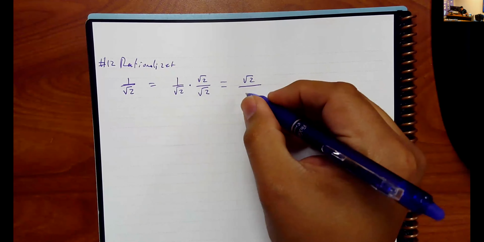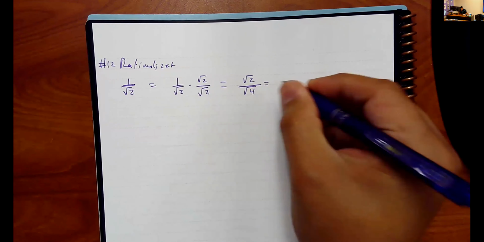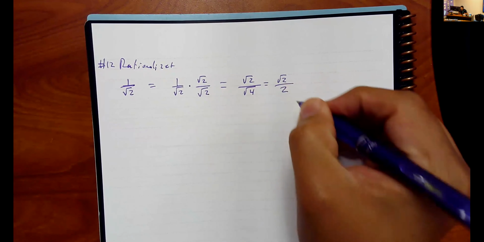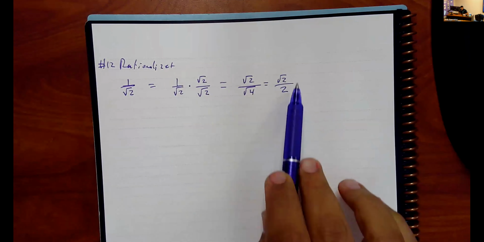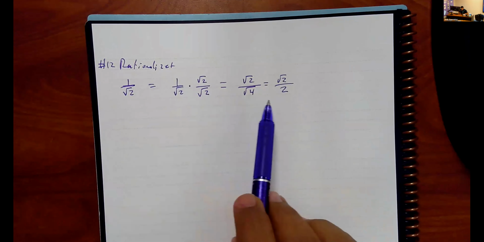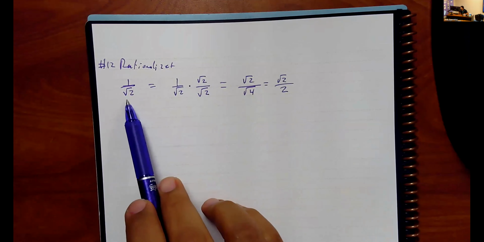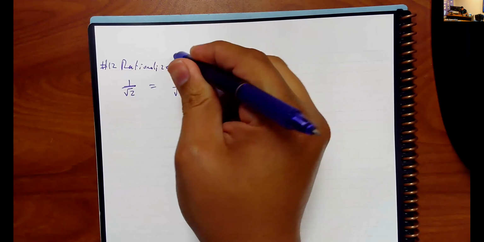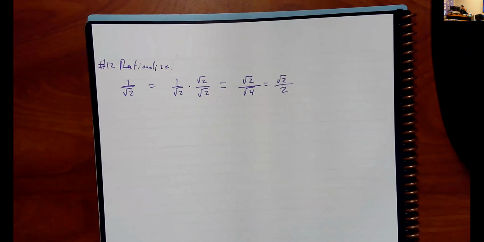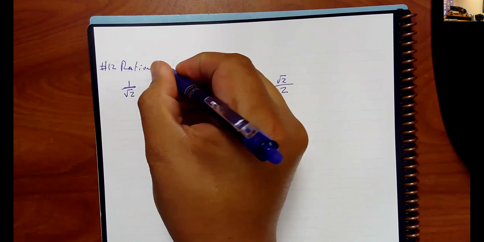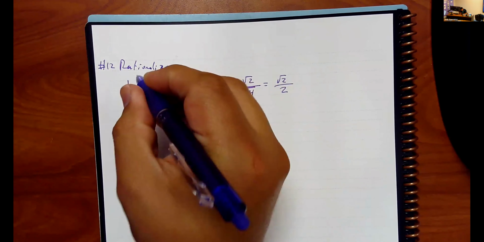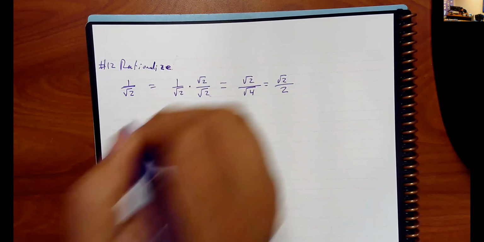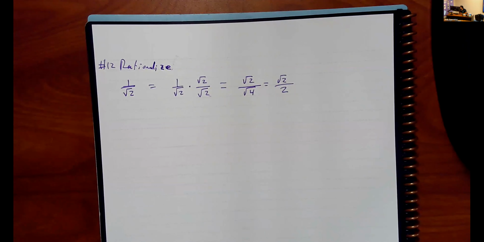Square root 2 times square root 2 is square root 4, which is why it cancels. So now it is rationalized. When they say rationalize, they mean get rid of the radical on the bottom. That makes sense. That's all it is.